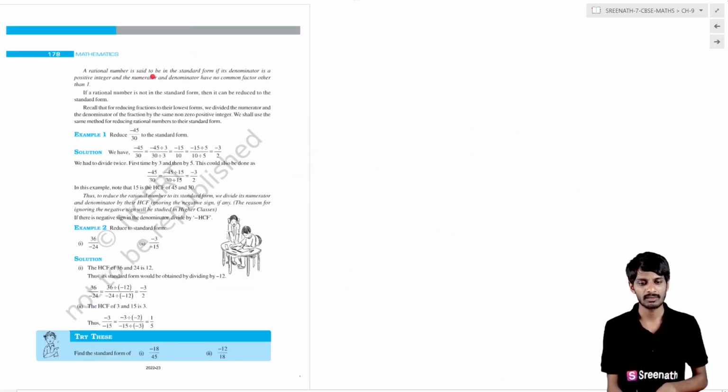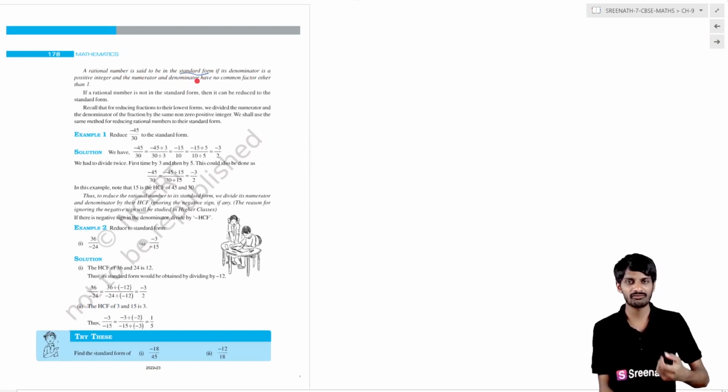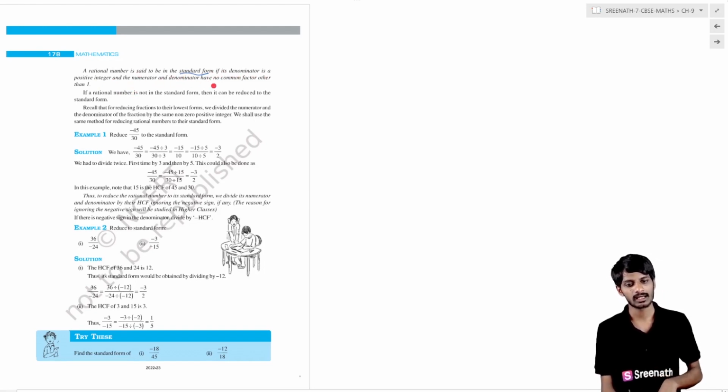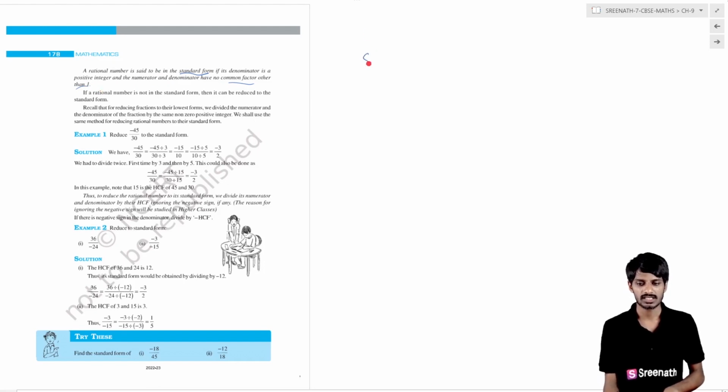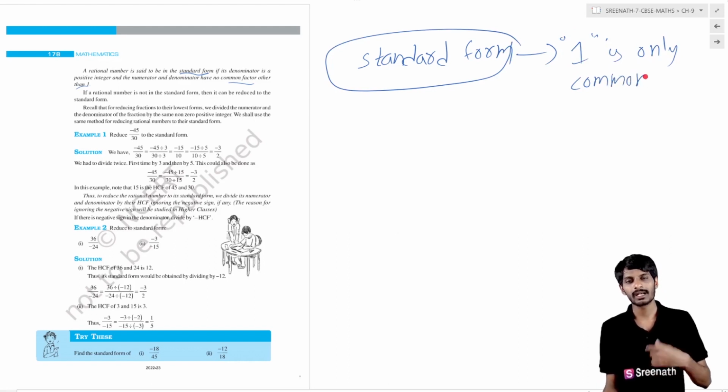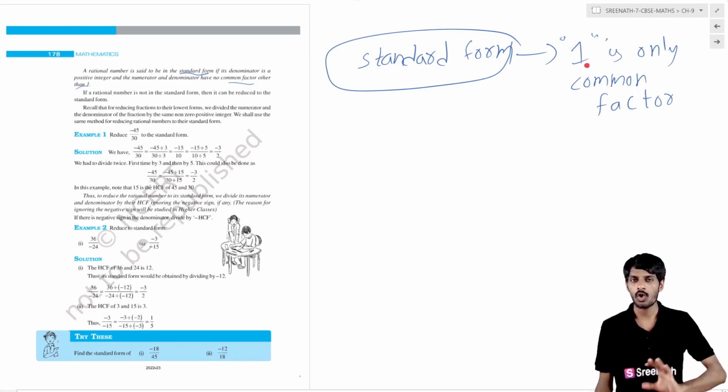So when will we say that a rational number is in standard form? If its denominator is a positive integer and the numerator and denominator have no common factors other than 1. It is very simple. The first condition is that 1 is the only common factor, so numerator and denominator must have no other common factors.